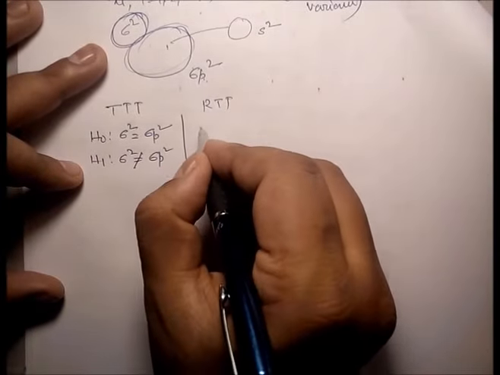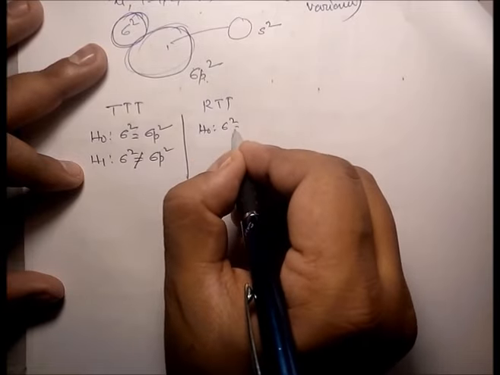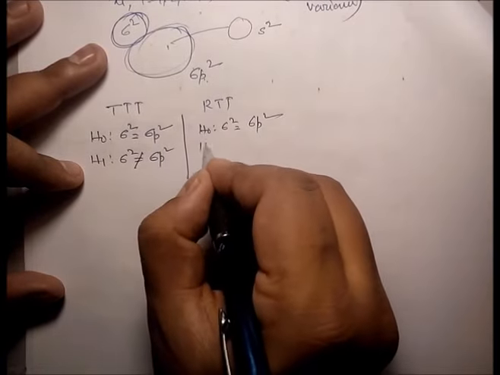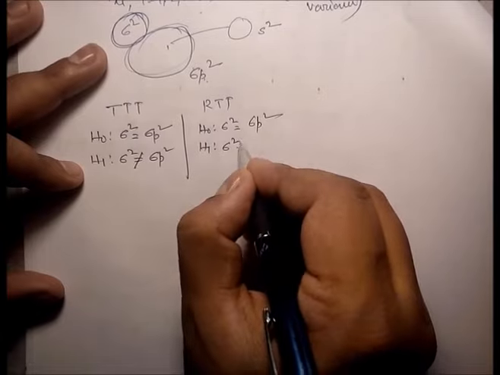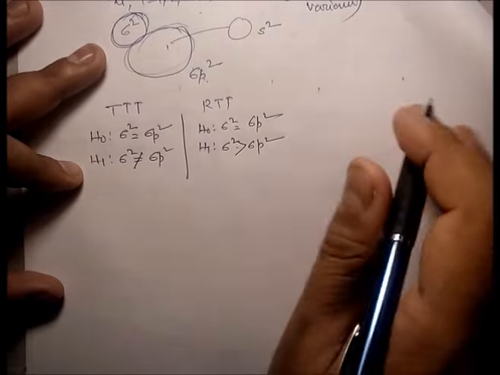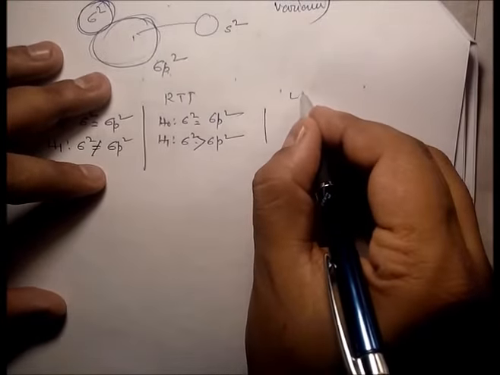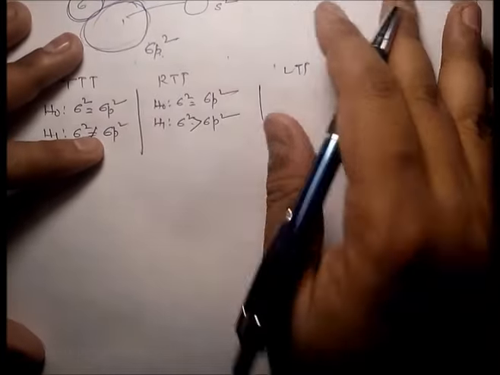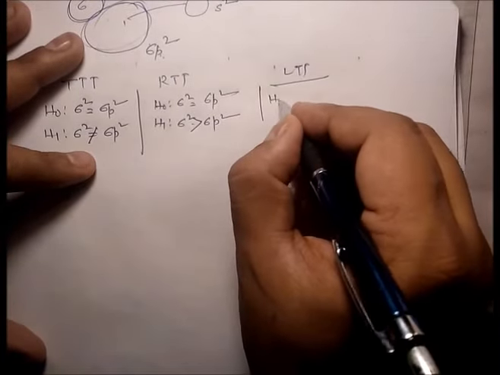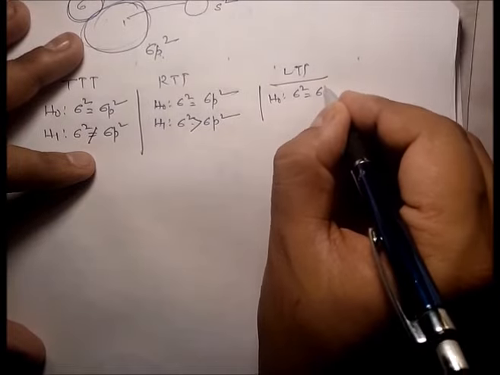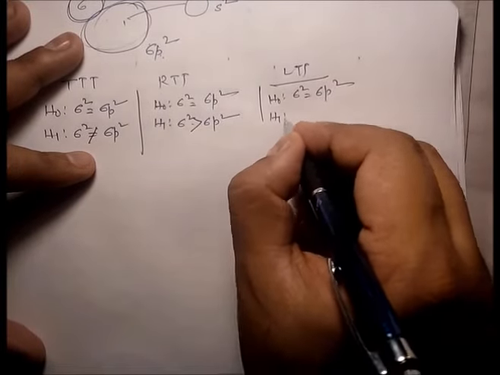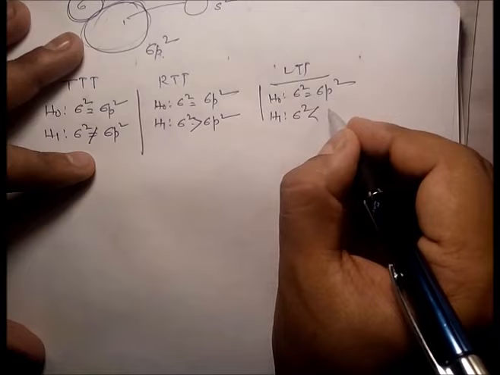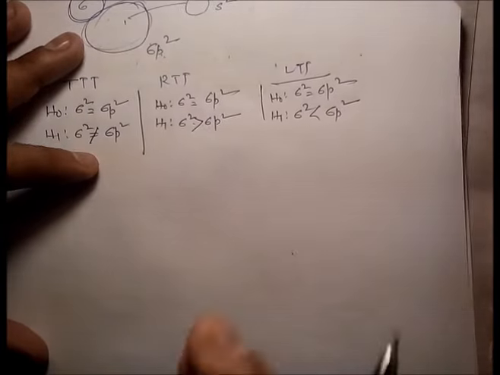For the right-tailed test, H0 sigma square is equal to sigma p square and sigma square is greater than sigma p square. And for the left-tailed test, H0 sigma square is equal to sigma p square and sigma square is less than sigma p square.